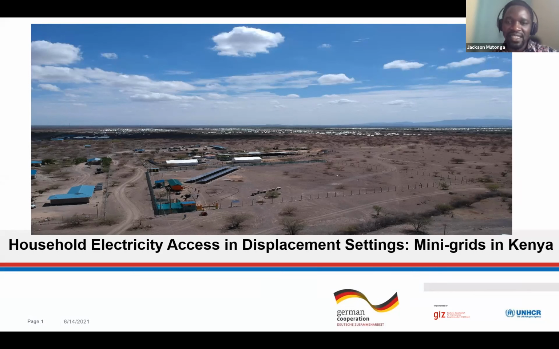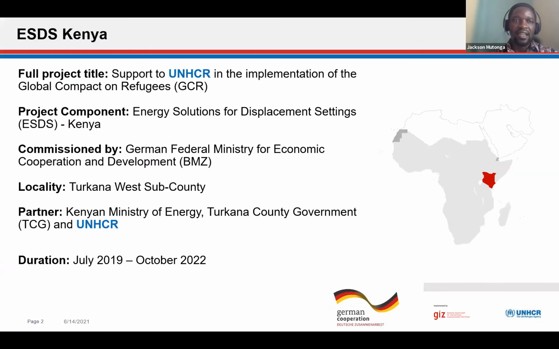I'm working with GIZ, the Energy, Transport and Climate Change Cluster here in Kenya. And we are implementing a project called Energy Solutions for Displacement Settings, which is financed by the German government through the Ministry of Economic Cooperation and Development. It's a joint project which we are implementing in cooperation with UNHCR, and it is part of a bigger global project called Support to UNHCR in the implementation of the Global Compact on Refugees.